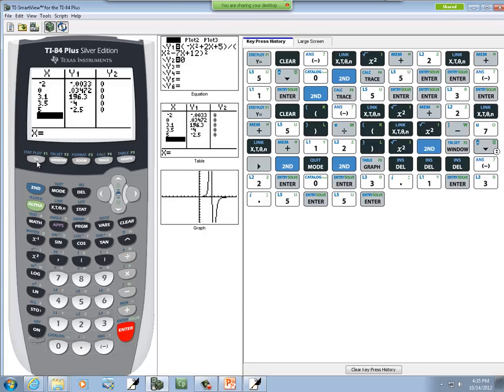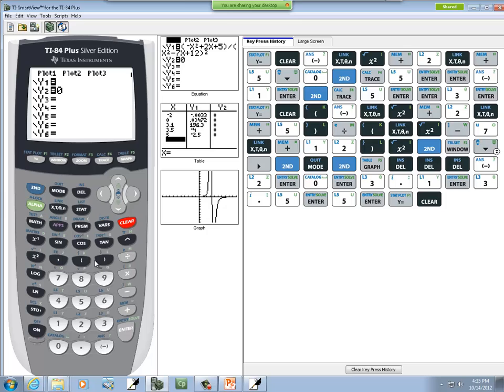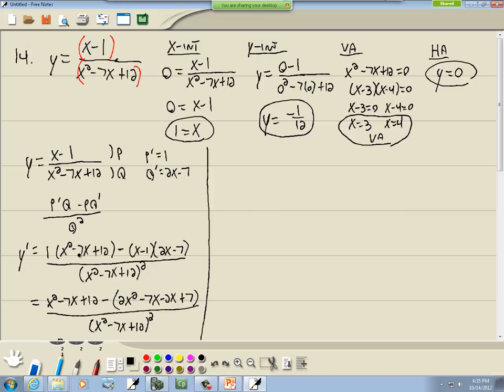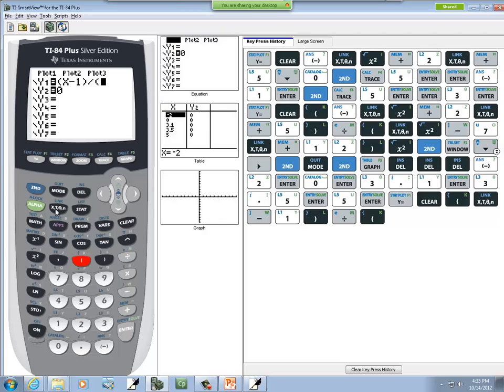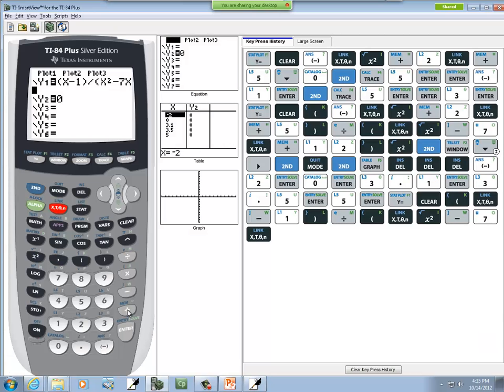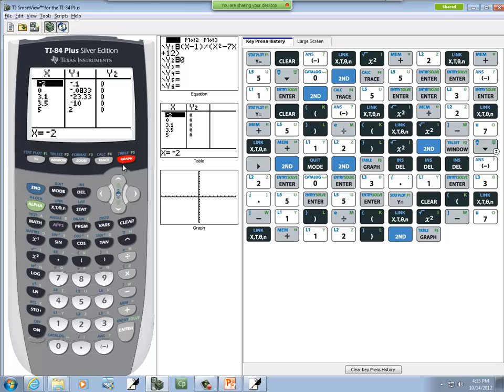Okay, so I'm going to go to y equals, clear, put a beginning parentheses, x minus 1, closing parentheses divided by beginning parentheses, x squared minus 7x plus 12. Now if I wanted to work real hard, I could plug them in, but I don't want to work that hard. And we want to go into table mode, so I do second graph to go back in table mode. Now I still have these values, so I'm going to press delete to clear those out.